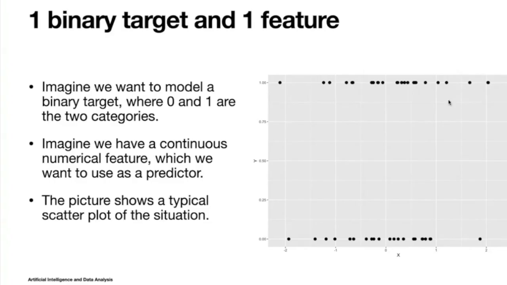For example, on the x-axis, I put the blood pressure measurements for my patient. So I can have very different blood pressure measurements, that are different numerical values. And then on the y-axis, I only have if the patient is sick or not, sick 1, not 0.